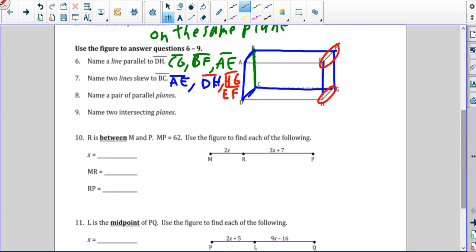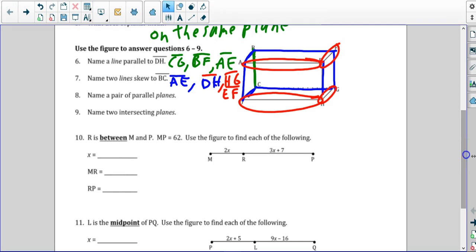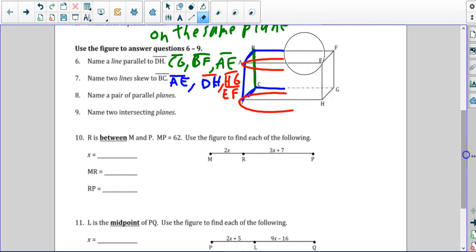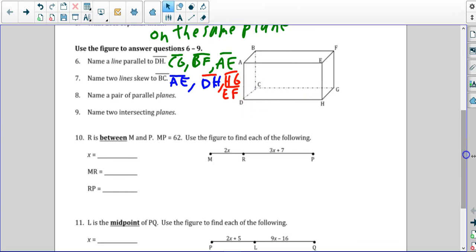Not a lot of room here, but those are your 4 that are skewed. They are not touching BC, and they are not parallel to BC. And that's what it means to be skewed.